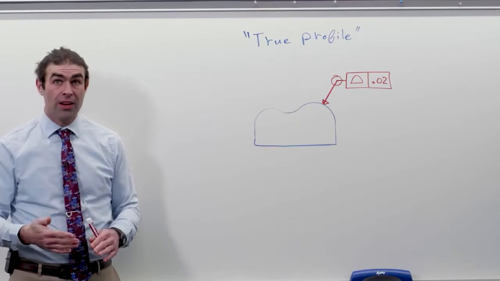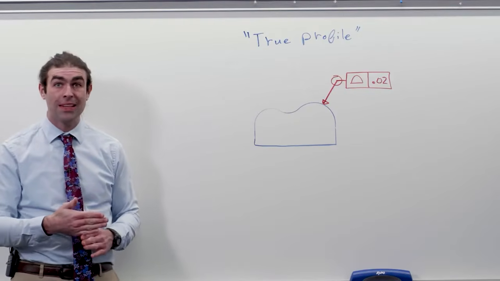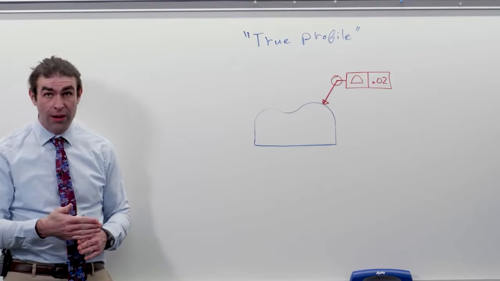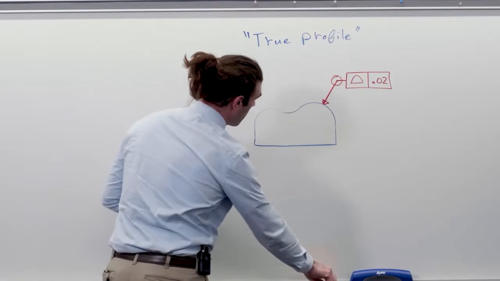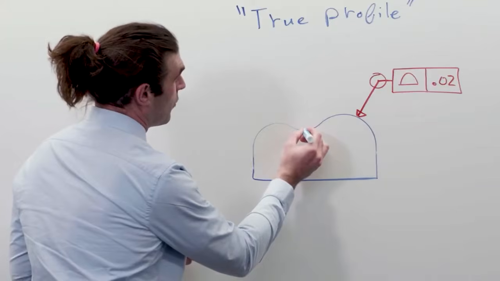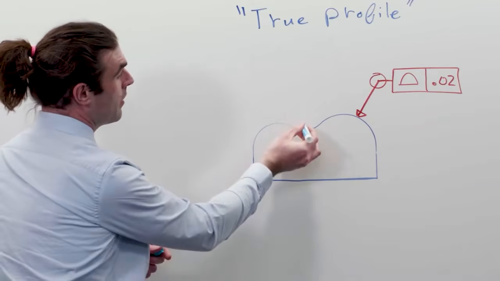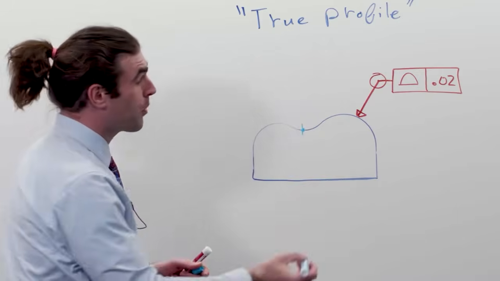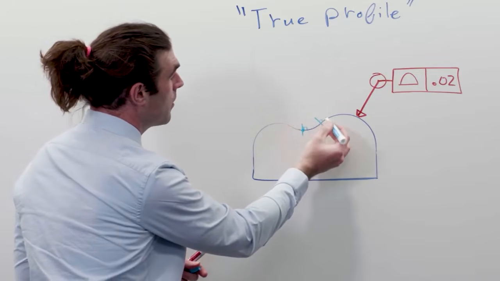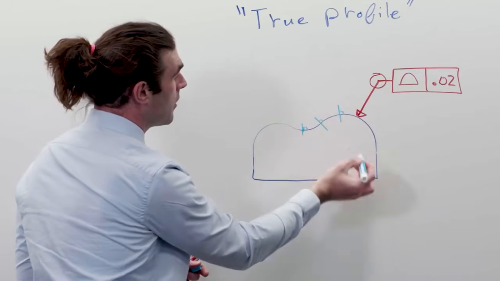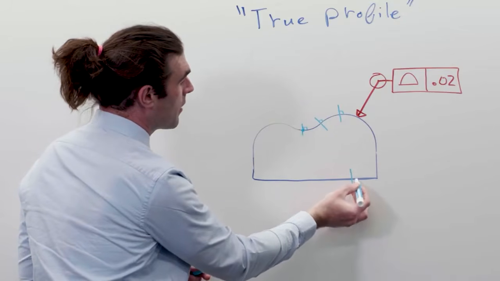The technical way to define it is that the tolerance zone is perpendicular to the true profile at every point. That just means if we choose this point right here, we draw a line through it, it's perpendicular, right? We could do the same thing here, same thing here. It's much easier down here.